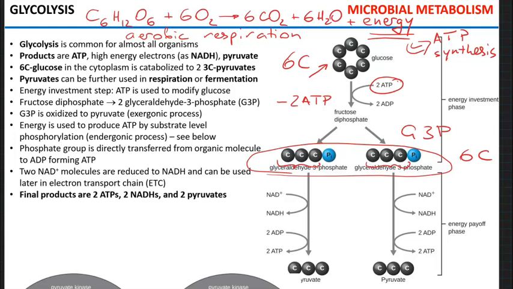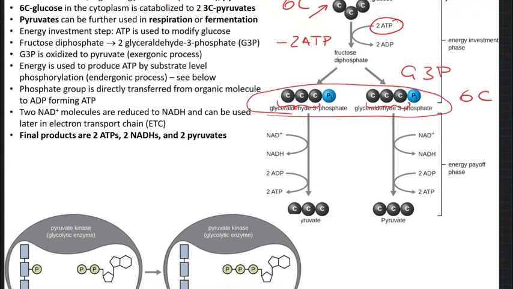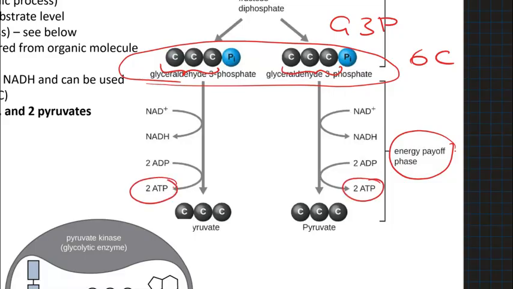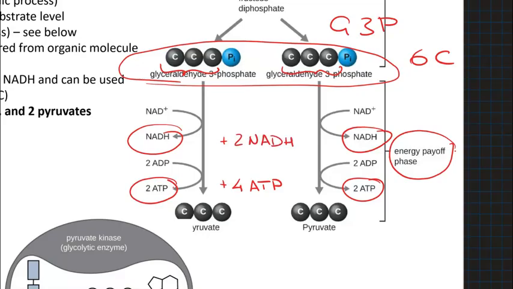Now, this investment now starts bringing us the fruits. When this 3 carbon intermediates enter the energy payoff phase, in the series of reactions, they produce a total of 4 molecules of ATP and 2 molecules of NADH.